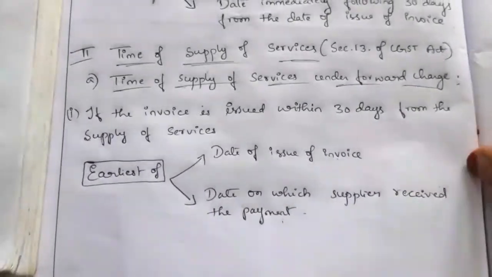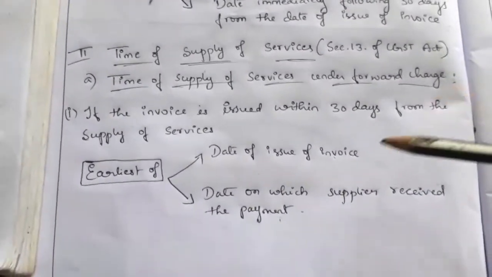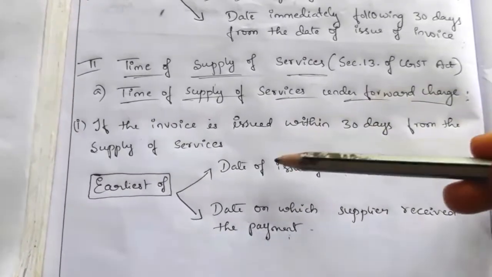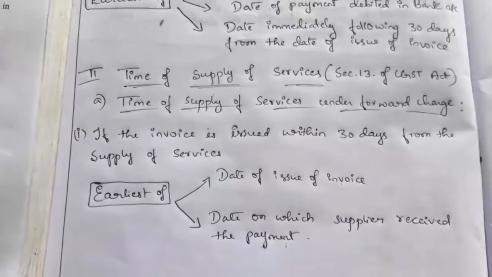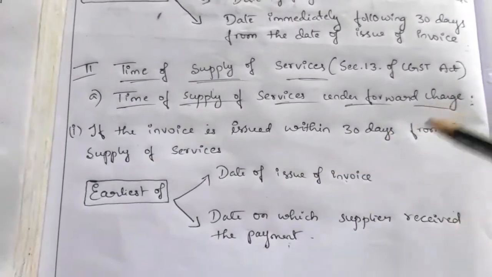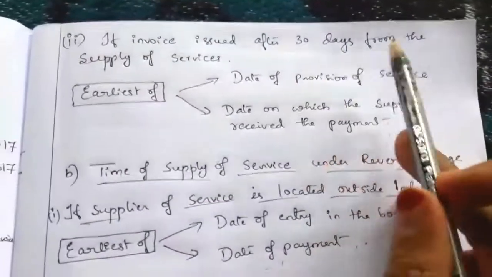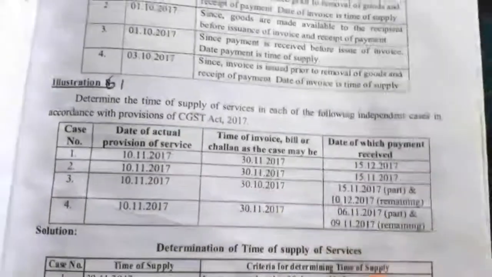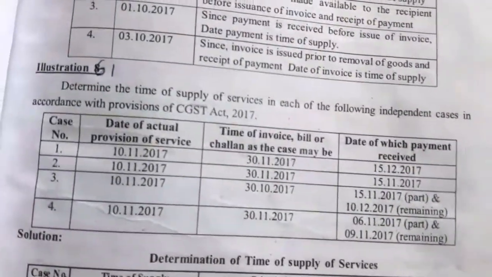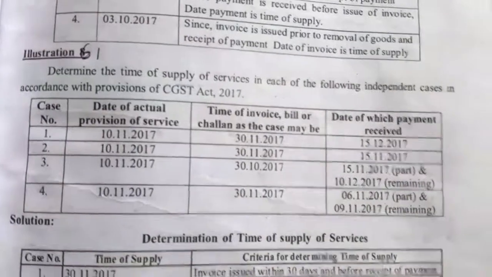In the case of forward charge, the condition is whether the invoice is issued within 30 days from the supply of services, or after 30 days of supply of services. We have to check these 2 cases to decide which rule to apply.